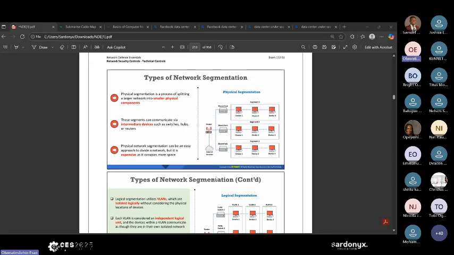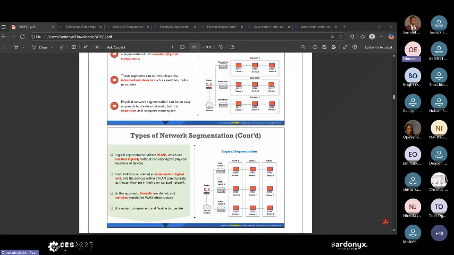But logical segmentation is actually more sensible, right? Examples of logical segmentation are VLANs, which are virtual local area networks, isolated logically. You can be seeing just one switch, but I can isolate them logically. Even though it's just one switch, they can be different departments, and I can put different VLANs on it.